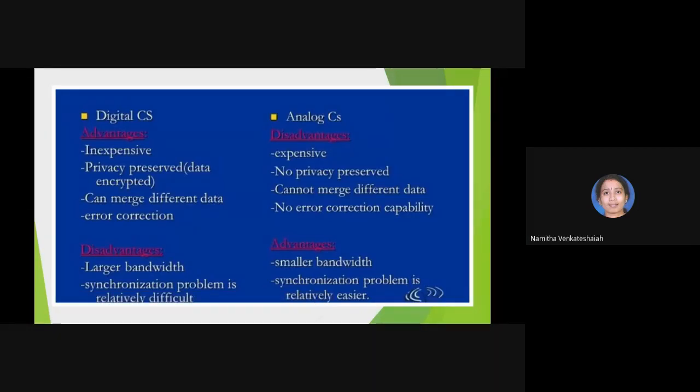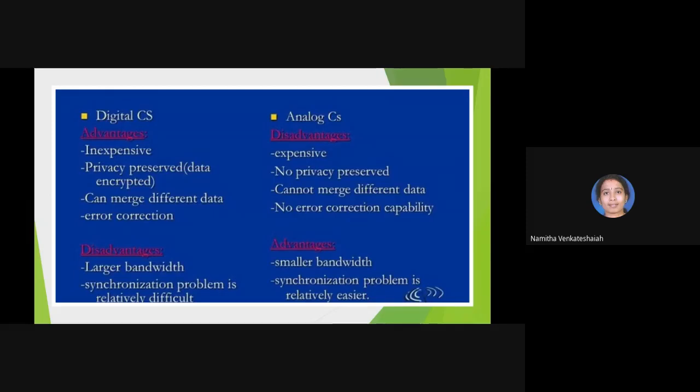The disadvantages of digital circuits are that you have to use larger bandwidth. You will understand shortly why. And the synchronization problem is relatively difficult. So synchronization is difficult and larger bandwidth is the disadvantage of digital circuits. Similarly, the advantages of analog circuits are smaller bandwidth and a relatively easier synchronization problem.